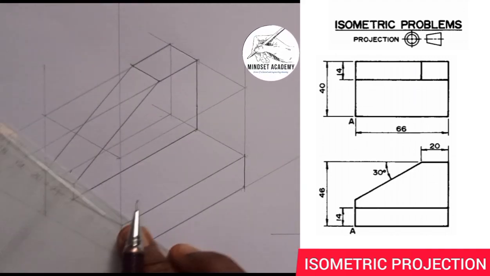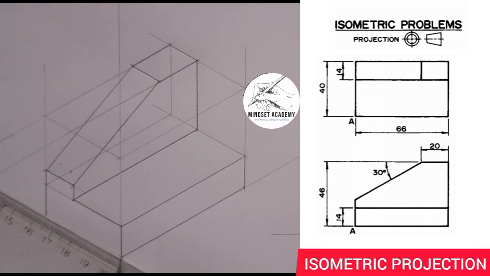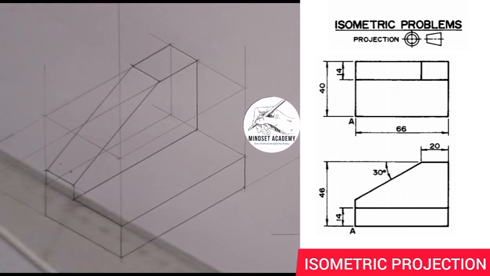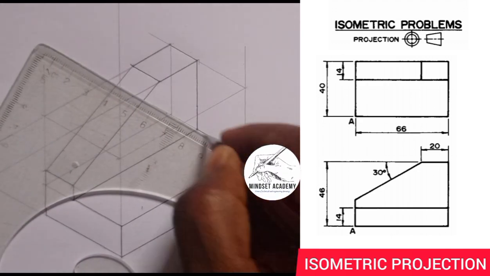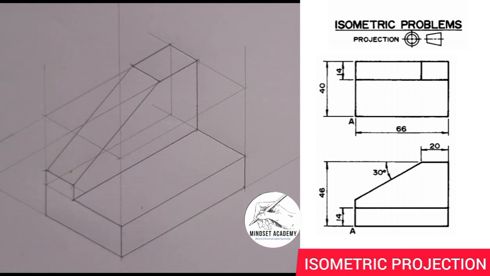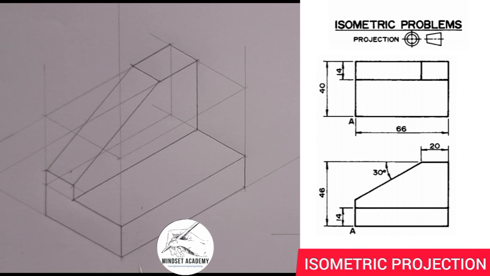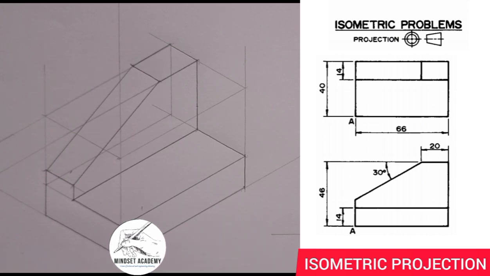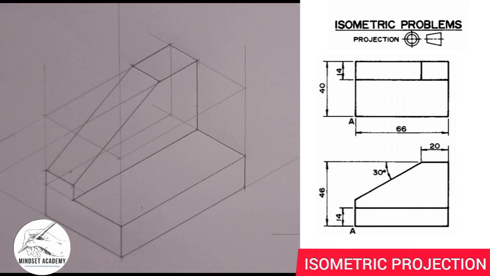Then from here, touch here. Then from here, touch here. All together, this is what we have here. We have successfully reproduced the figure that is displayed at the right hand side of the screen using isometric projection.